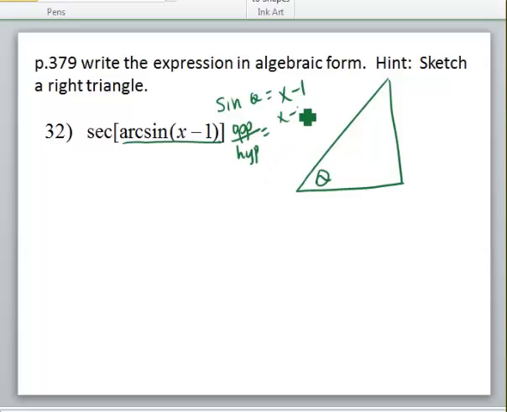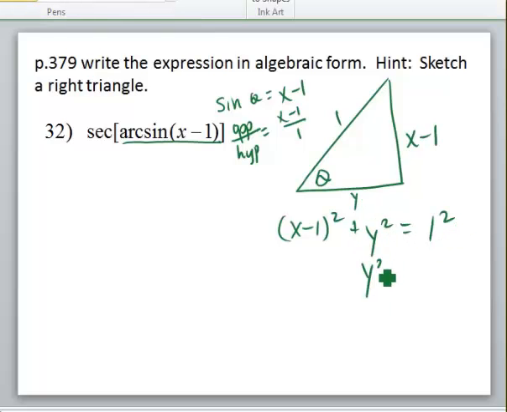Opposite is x minus 1, hypotenuse is 1. So I'll say x minus 1 is one of my legs, and I'll call this part y, plus y squared equals my hypotenuse squared. So I've got y squared equals 1 minus (x minus 1) squared.